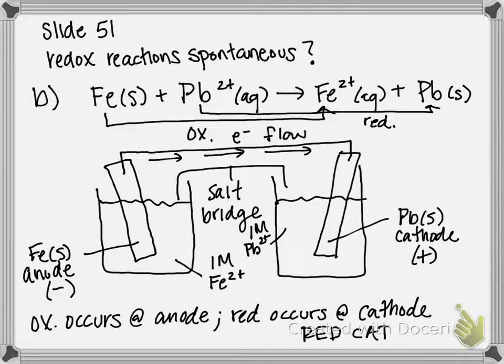So typically we indicate that, if you're following along on your slides, with just a little arrow saying that's the way electrons are flowing. So there you have it. That's a very crude drawing of an electrochemical cell, but that's how you would go about drawing one.